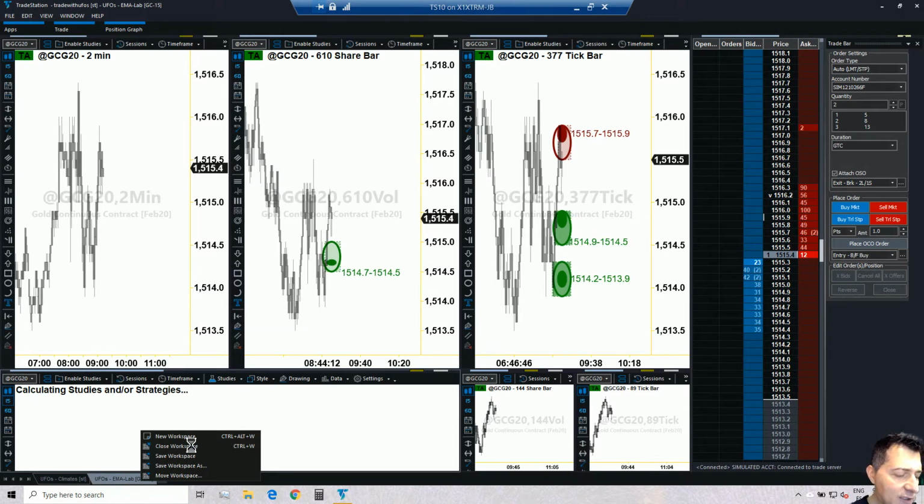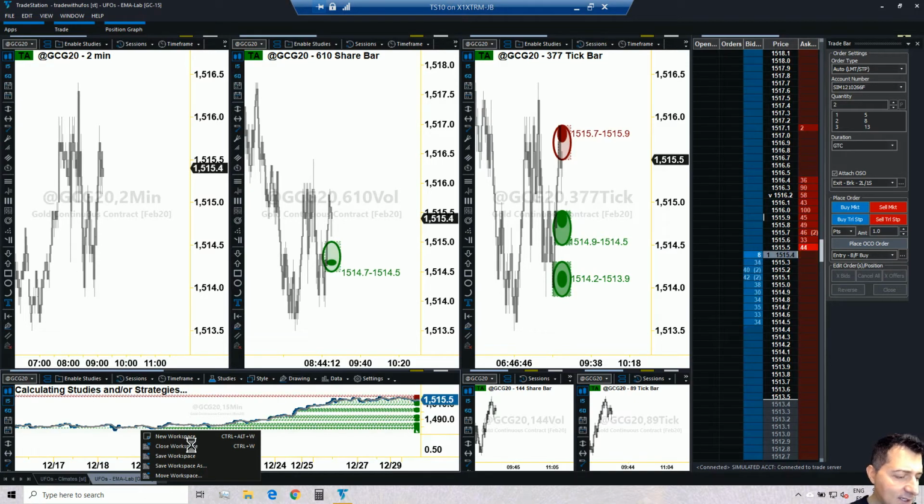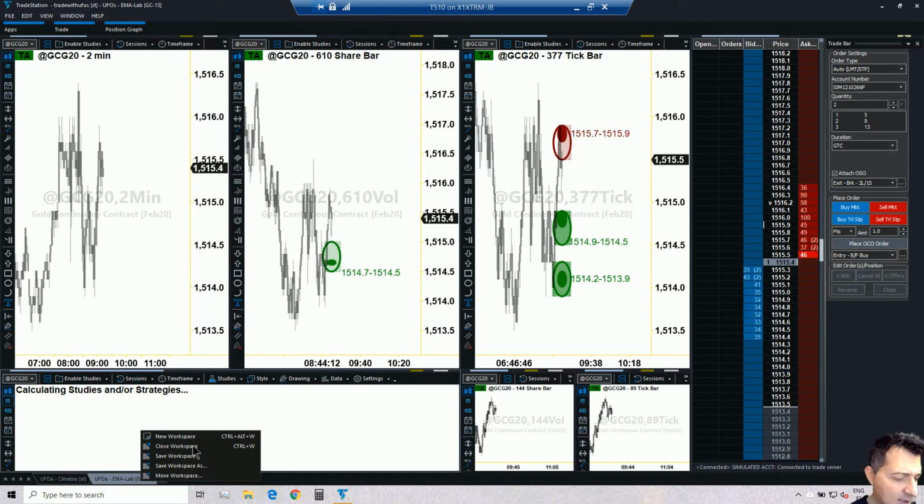I could have been more efficient with my sequence of clicks to alleviate TradeStation. So let me go ahead and try to close the workspace. Okay, really too much processing going on right now.